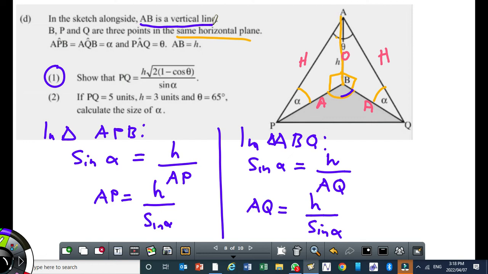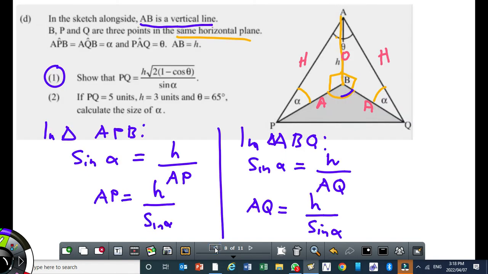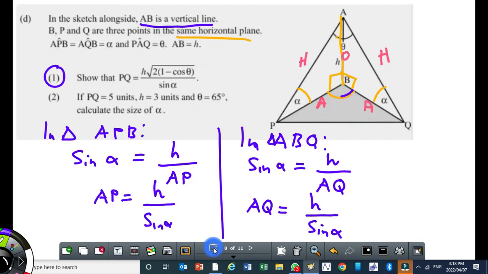Then the next thing, since I know the length of AP and AQ, I can now use the cosine rule. Remember, I want to calculate PQ. So it will be PQ squared is equal to, now do you see that there is AP here and AQ?